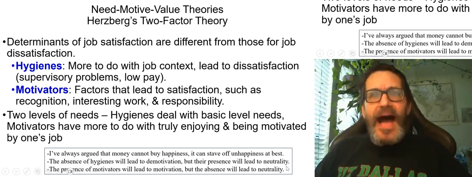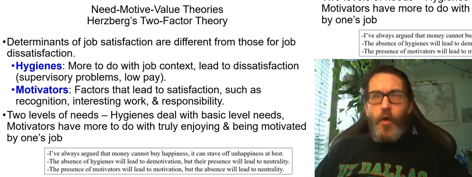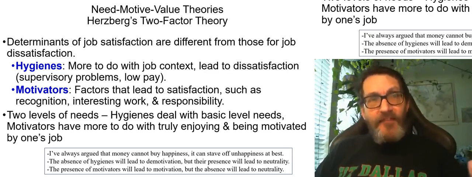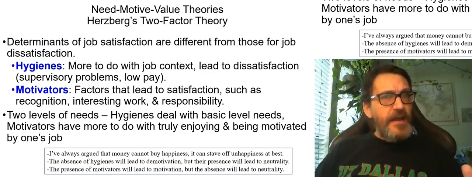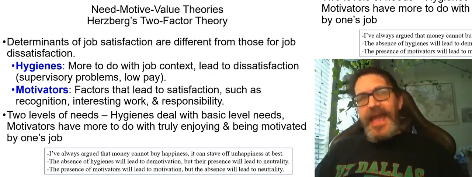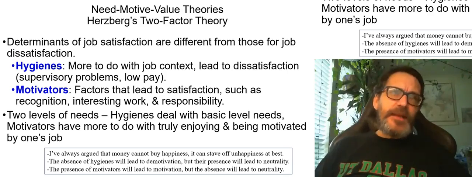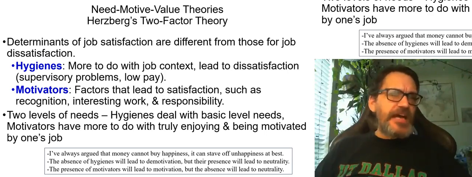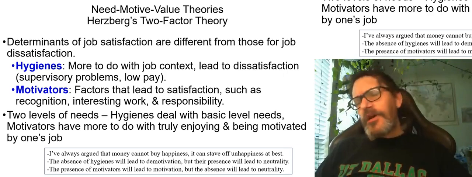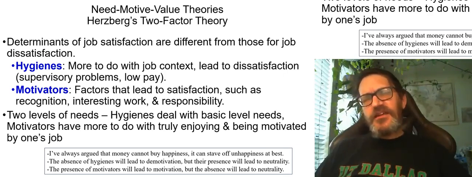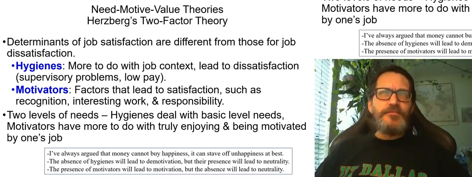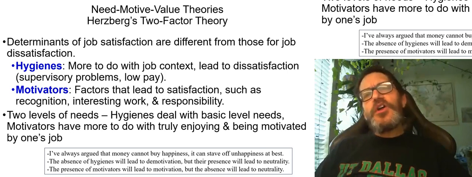So we have to have hygienes or we are demotivated, and if we have motivators, we become motivated. On this particular slide, job satisfaction might be a better term. We're going to come back to job satisfaction in great detail in the next module, maybe the one after.